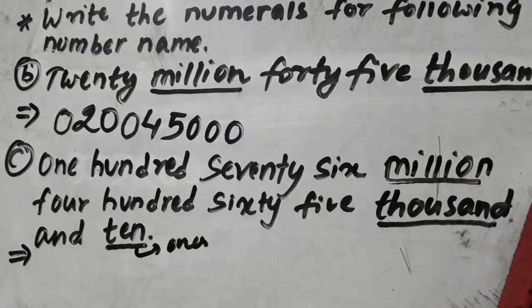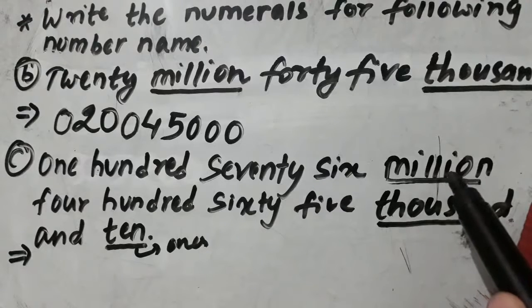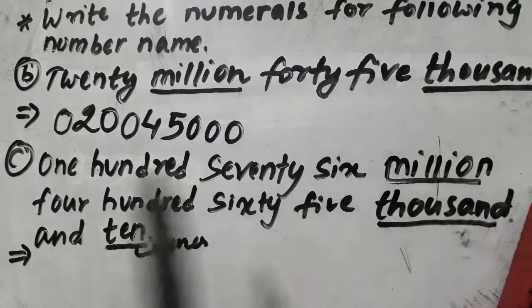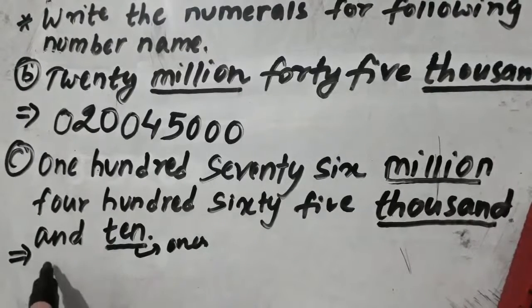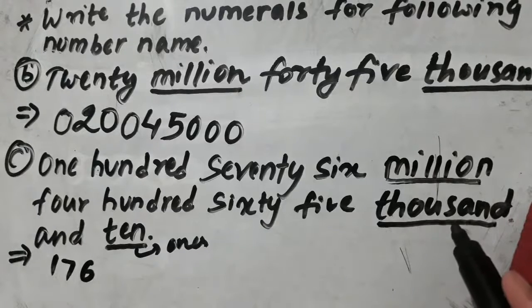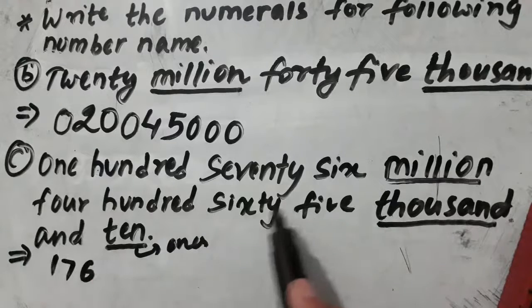So students, now let's write. To write the places of million, we should observe just before the word million. There is 176. So 176 means 176. Now similarly in the period of 1000 there is 465.